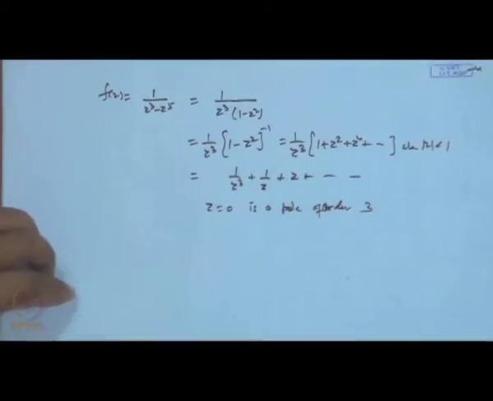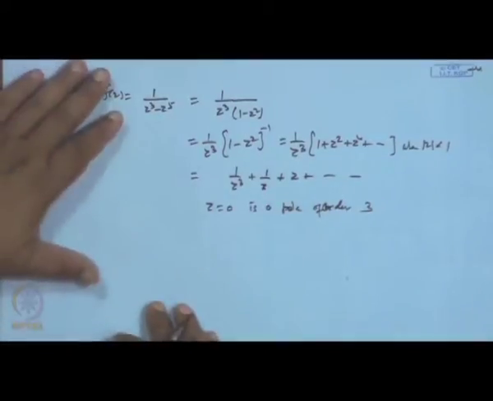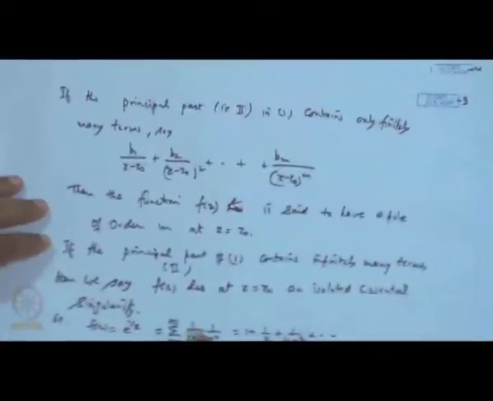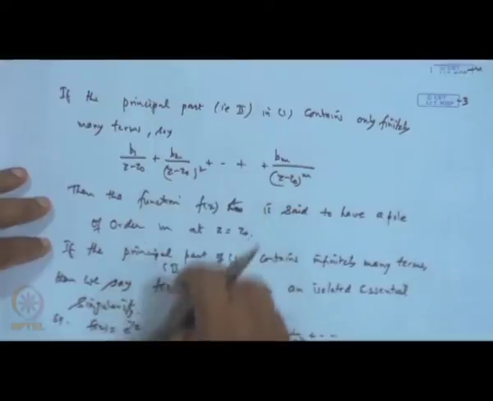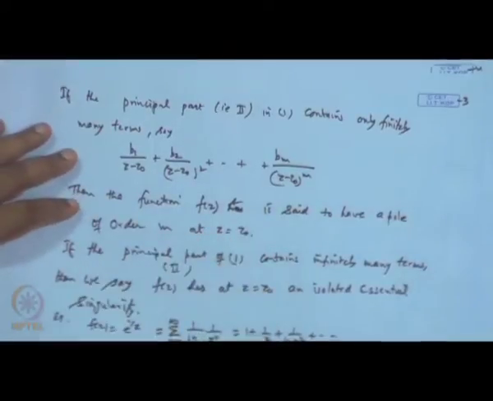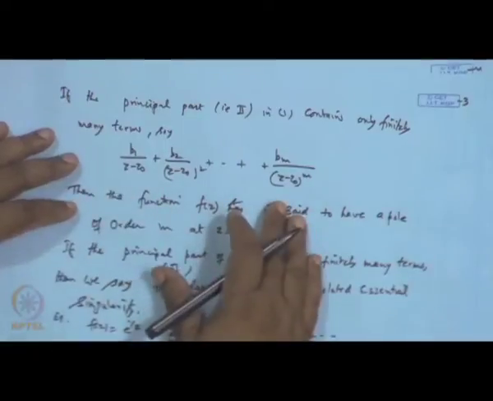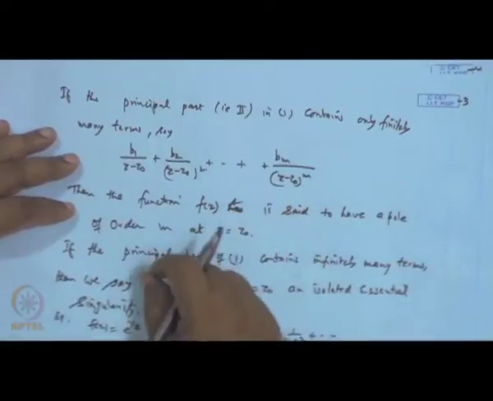Similarly, one can get others. Now, the difference between the essential singularity and the pole is that if z naught is an isolated singularity, you write down the expansion of the function in the form of a Laurent series, and the negative part of it, that is the principal part, will decide the nature of the singularity, whether it is a pole or an essential singularity.